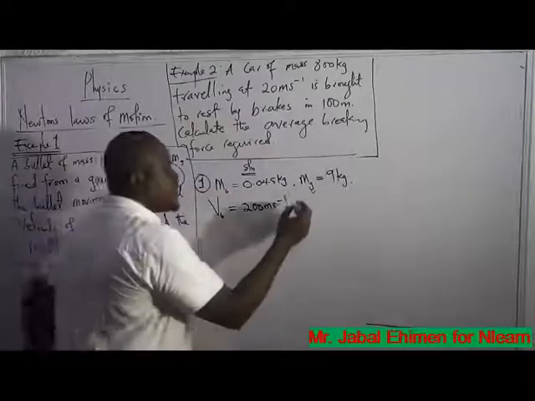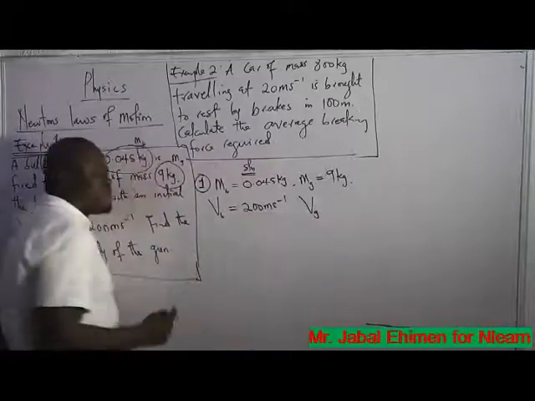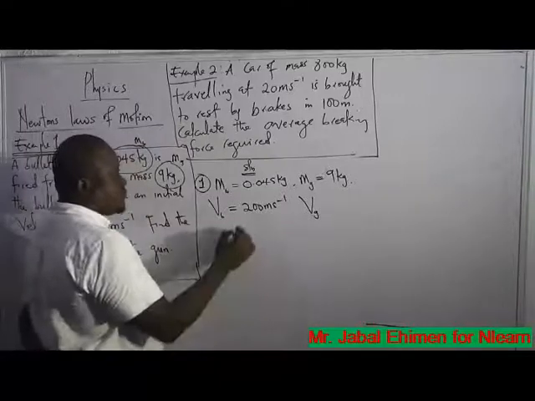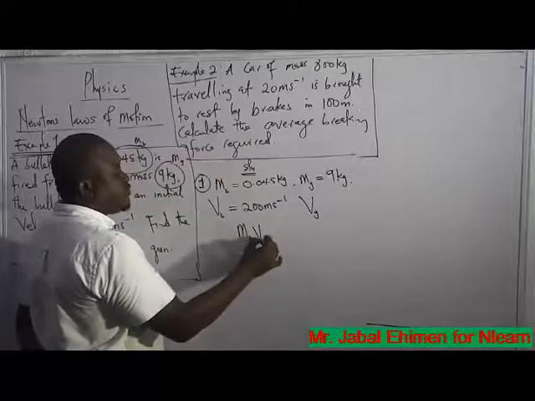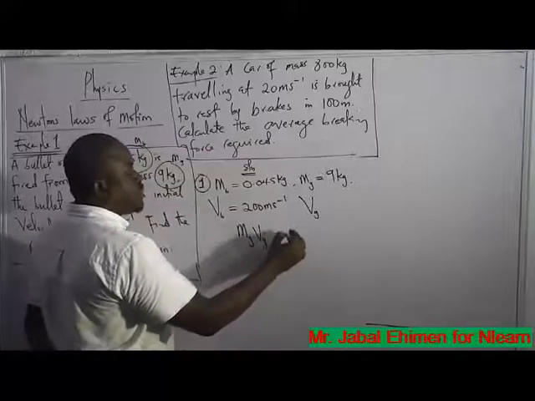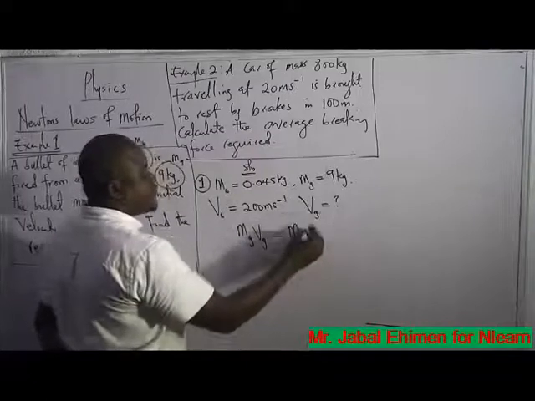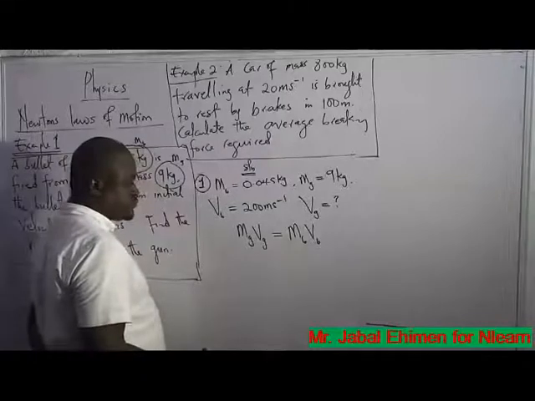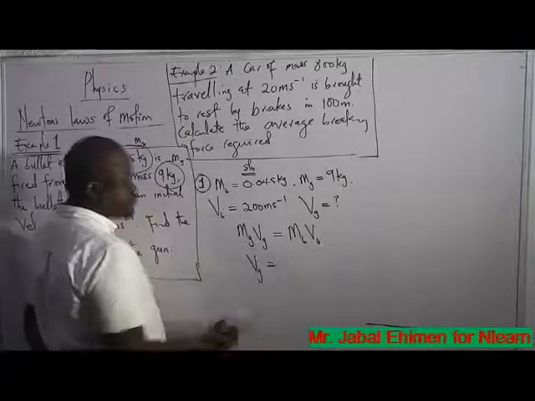Now, we know very well that the recoil velocity of the gun is the velocity of the gun. From our deductions, you recall that mass of gun times velocity of gun is equal to mass of bullet times velocity of bullet. So the velocity of gun is what we're looking for.